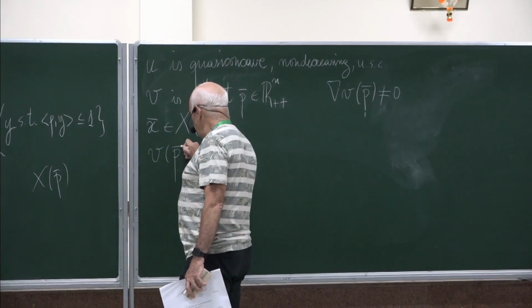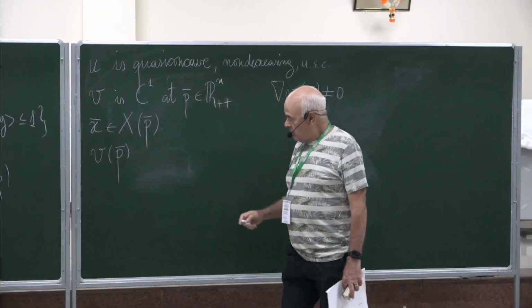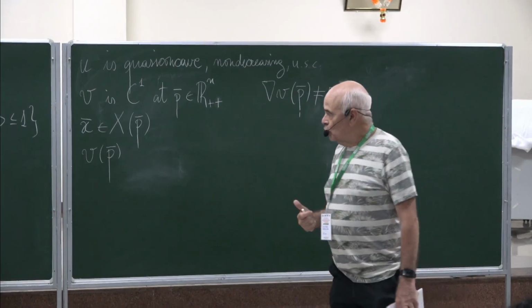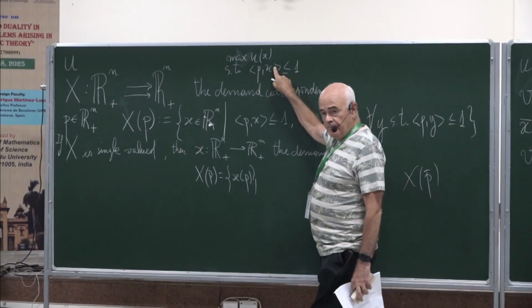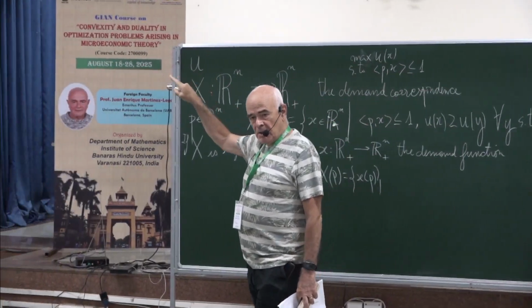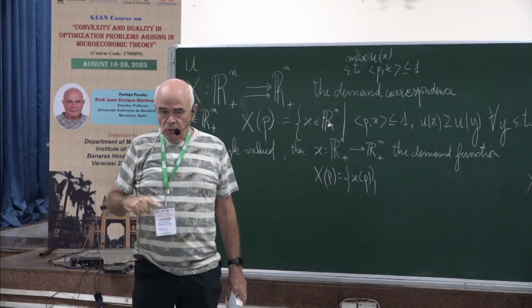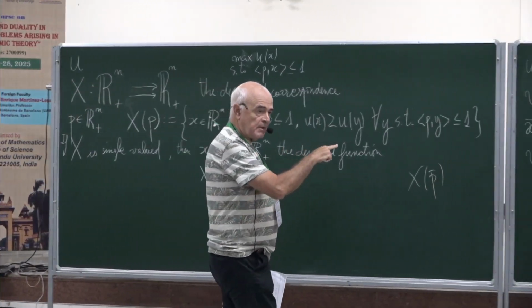What is V of P? V of P bar is the optimal value of this problem when P is equal to P bar. And now X bar is an optimal solution to that problem because it is in the corresponding demand set.